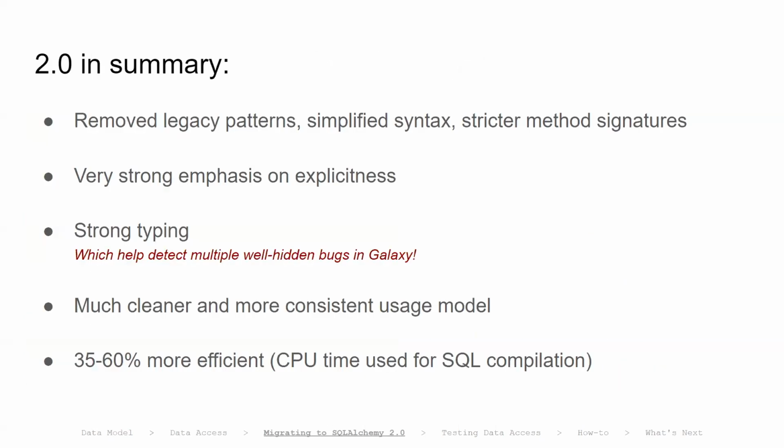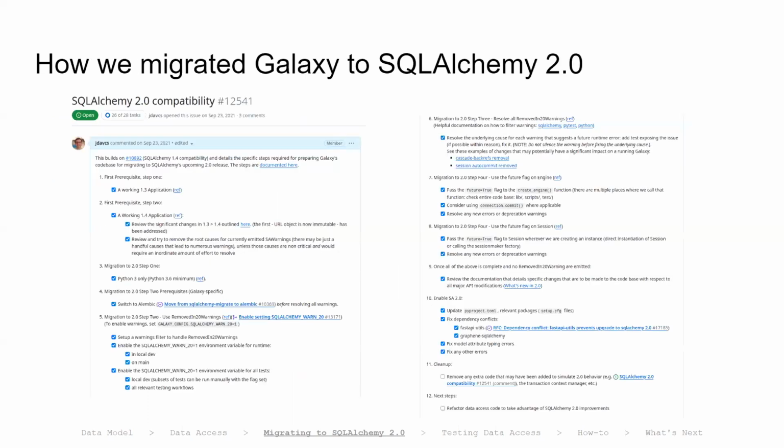Overall, there are many examples of removed legacy patterns and simplified code. It all really boils down to a modern library, which is powerful, elegant, efficient, has a very strong emphasis on being explicit, provides strong typing, and in all sorts of ways is a joy to work with. So again, migrating Galaxy.